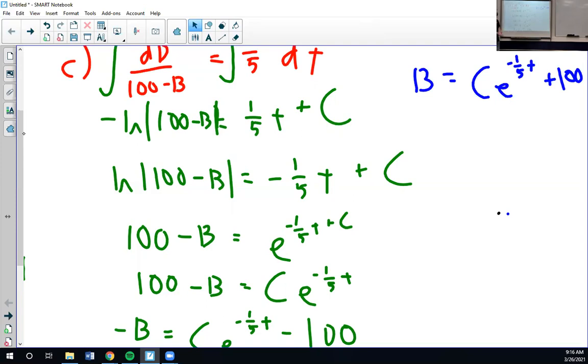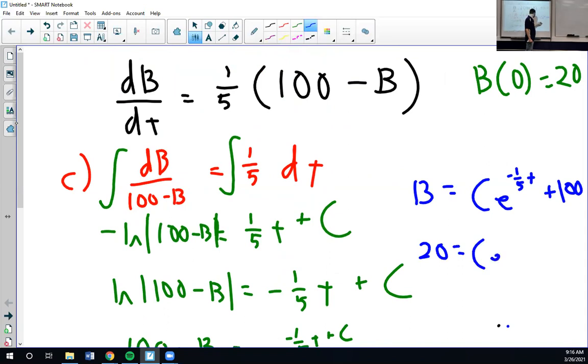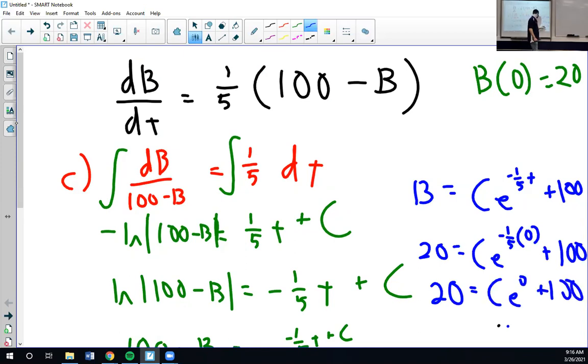One more step. We need to plug in our point and solve for c. Our point is that when t is 0, our weight is 20. So 20 equals c e to the -1/5 times 0 plus 100. C times e to the 0 plus 100.